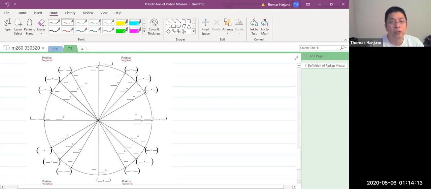Yeah, try that. So this is 0 degrees, 30 degrees, 45 degrees, 60 degrees, 90 degrees. This is 180 degrees, 120 degrees, 135, and then 150 degrees. Now, this space here is for the radian.